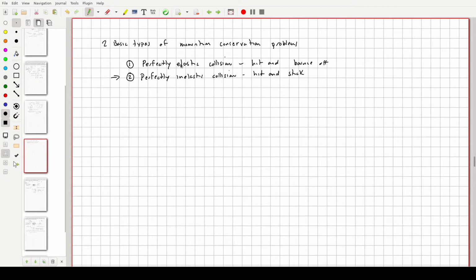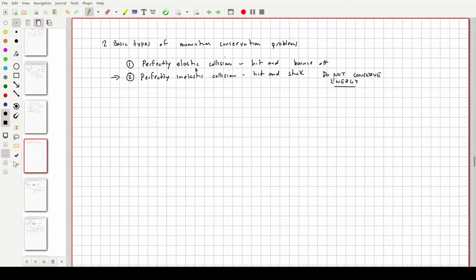So, I told you that I was going to tell you what the other difference between these two was. And that's the big thing. Perfectly inelastic collisions do not conserve energy. That's because during the collisional process, the deformation that occurs eats up energy.